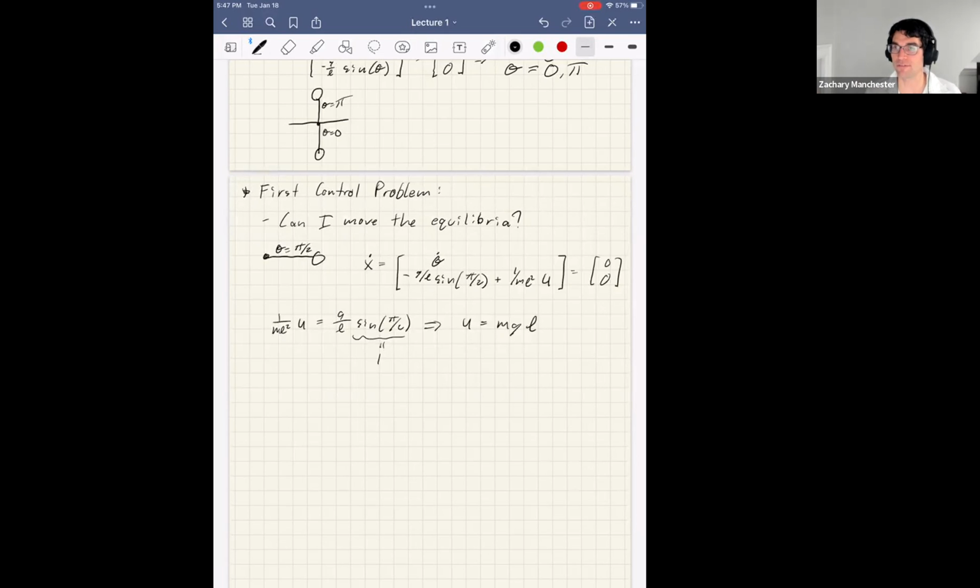If I want to drive a system to a set point, first I need to know what the set point is. And I may need to do some weird stuff to create a set point that I like to drive it to. Cool. So in general, we can just solve a root finding problem here in u.